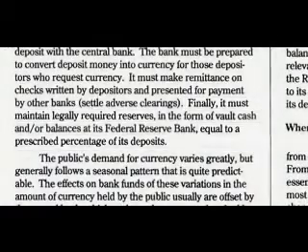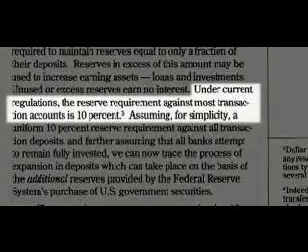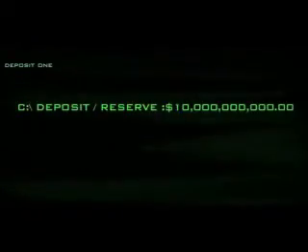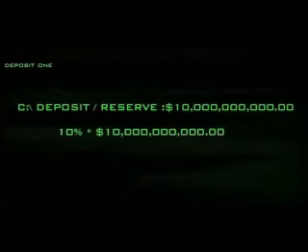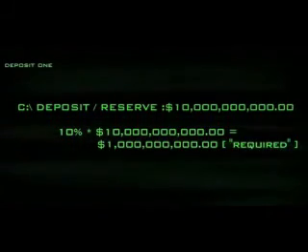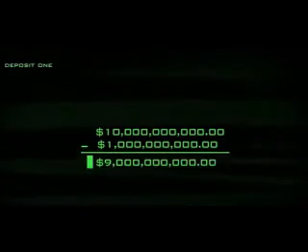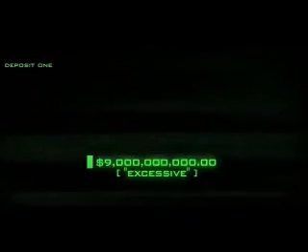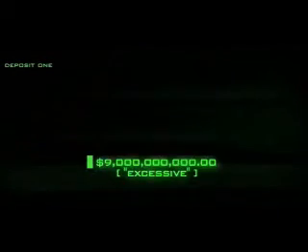It then quantifies this by stating, under current regulations, the reserve requirement against most transaction accounts is 10%. This means that with a $10 billion deposit, 10%, or $1 billion, is held as the required reserve, while the other $9 billion is considered an excessive reserve and can be used as the basis for new loans.